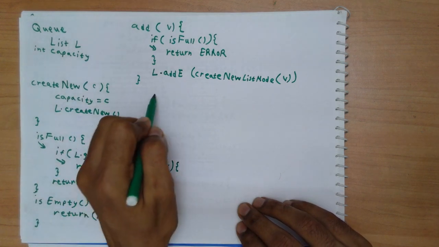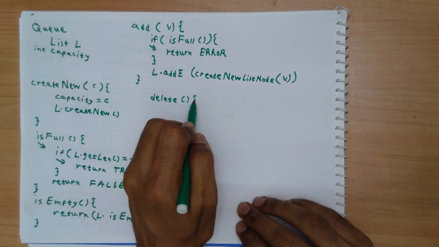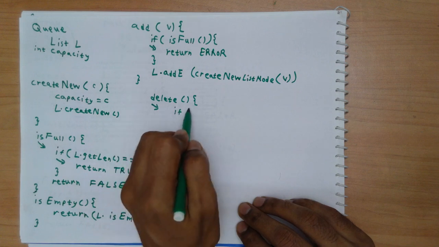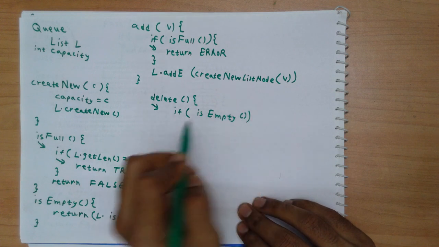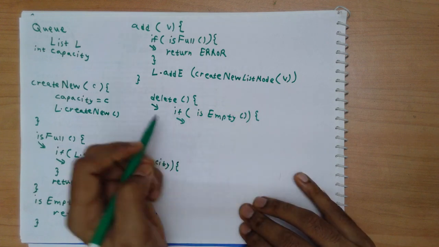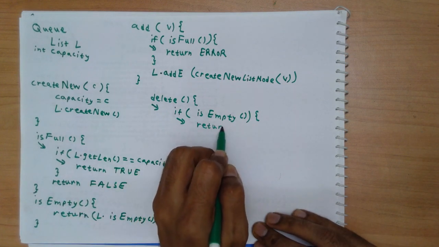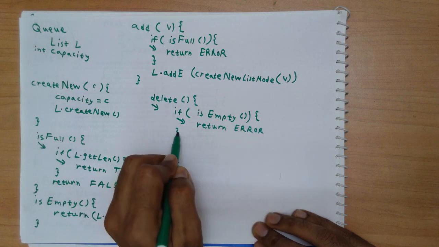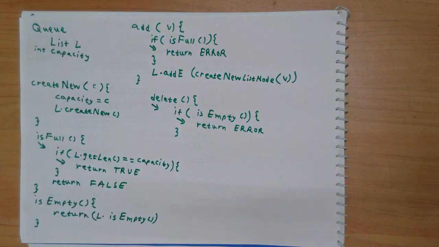And now I will have the delete operation. It should return a particular value, right? In my delete operation, I will check if the is empty operation is true on my queue. If that's the case, it means my queue is empty. I cannot delete from an empty queue, so I will return error. If that's not the case, I need to delete from the beginning of my list.